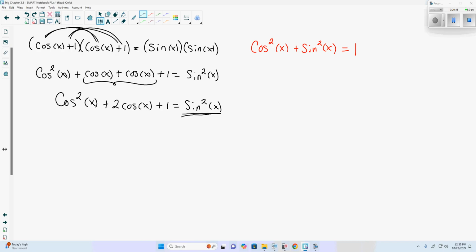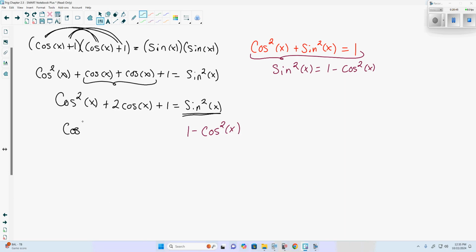And we can do that by taking our formula here and using one of its other forms, which is telling us that sine squared of x is equal to 1 minus cosine squared of x. And we get that from subtracting cosine squared from both sides. So that means the right hand side is now going to be 1 minus cosine squared of x.